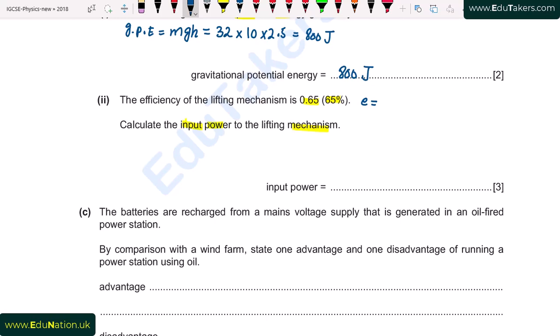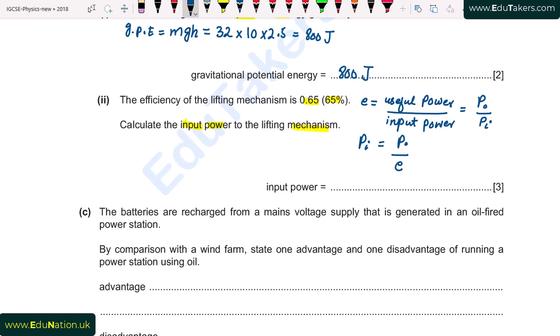Here power is taken, so it will be useful power, divided by input power. I write it as P naught, and input power as Pi. So we have to find out the value of input power. So Pi will be equal to P naught over E.